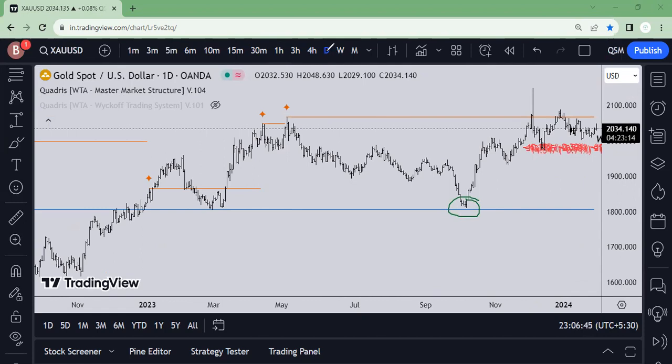We are observing the daily chart, on a daily time frame. This was the area of rejection, then price acceleration passing through it. We got support at this particular point, and support at this particular point.